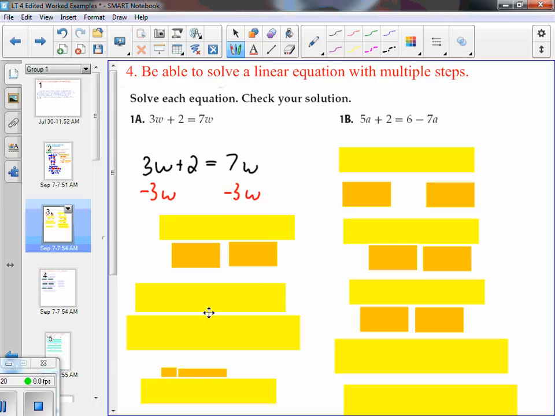There's no simplifying to do. Subtract 3w from both sides, and then very quickly, we've got the variable on one side, the constant on the other, because there's just one constant, that 2. When I subtract 3w, 3w minus 3w is 0. Bring down the 2. On the right side, 7w minus 3w is 4w.